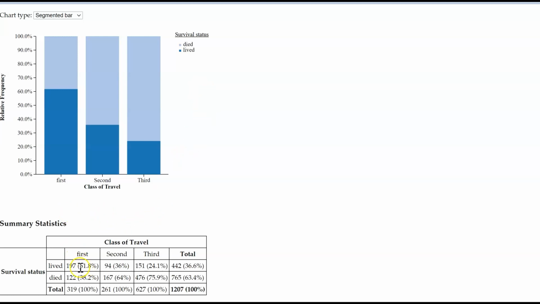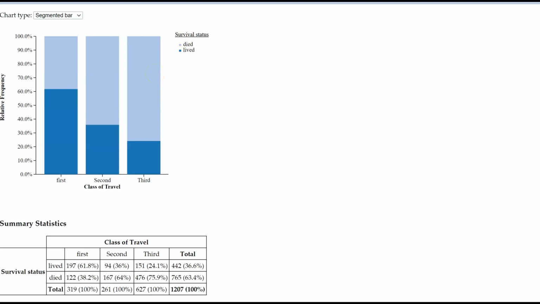Okay, so you're going to then record the percentages. So for first class, it was about 62%, and then the balance was 38%. For second class, it's 36%, and the balance was 64%. And for the third class, it was 76% and 24%.